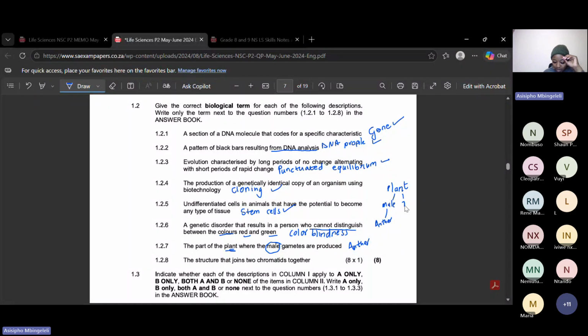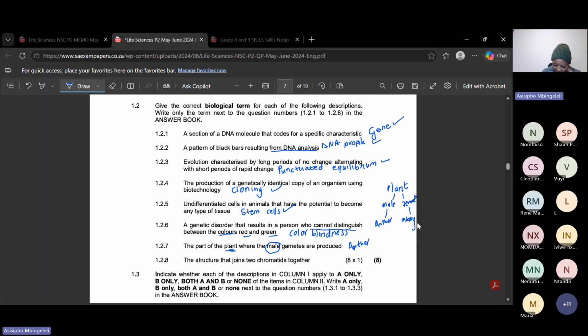Then in females, it will take place in the ovary. So the part is the same for plants and animals for females, but for the male, the part is different. In humans, it is the testes, and in plants, it's the anther. I don't even remember mentioning it in the lessons. We actually never emphasized it at all.